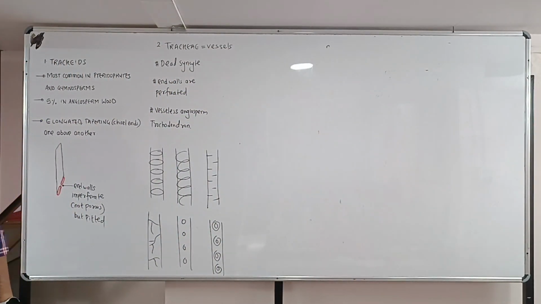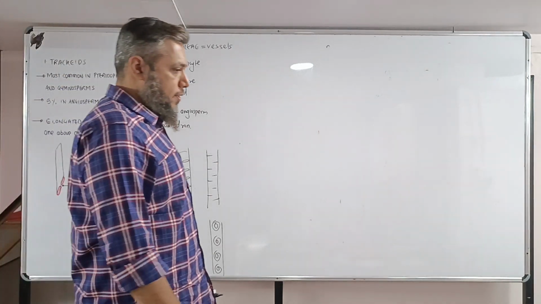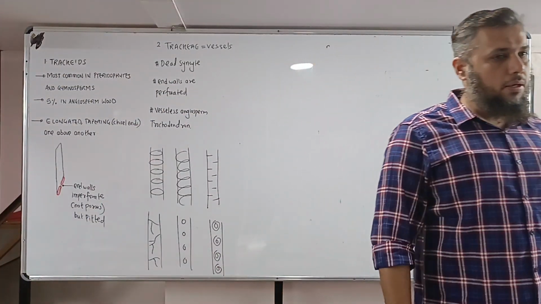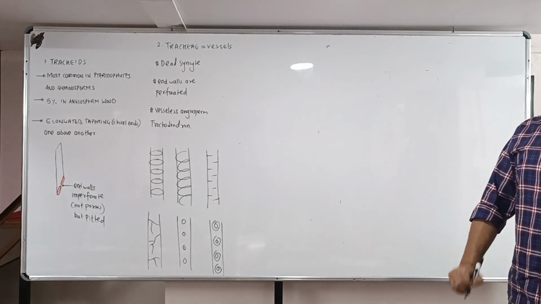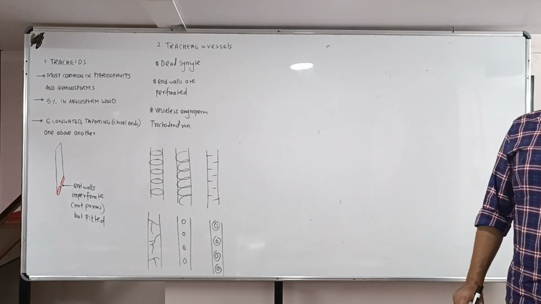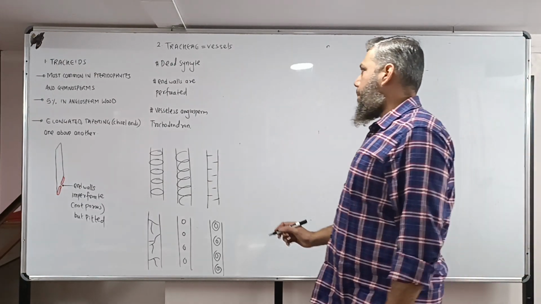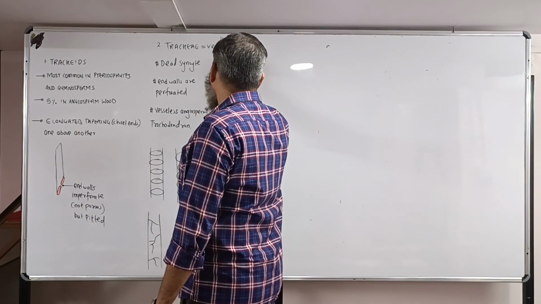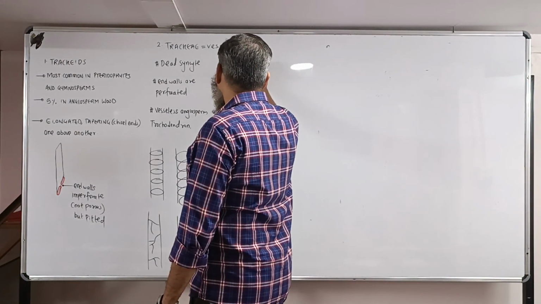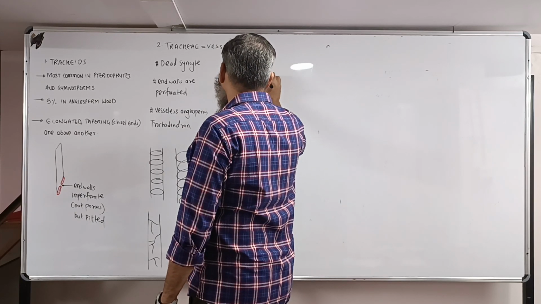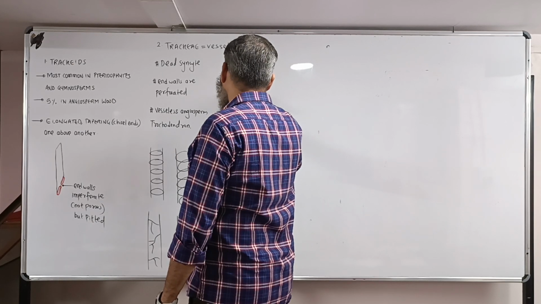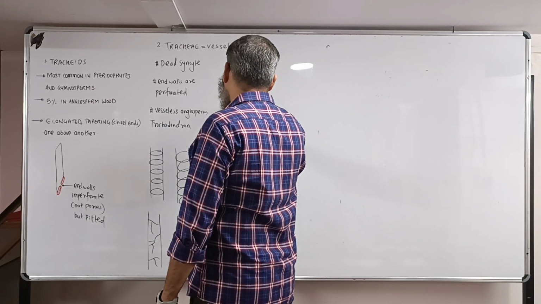So kids, what are the different types of elements found in the xylem? Tracheids. Then tracheae, which are also called vessels. And then we have xylem sclerenchyma, which we said are xylem fibers, and xylem parenchyma.